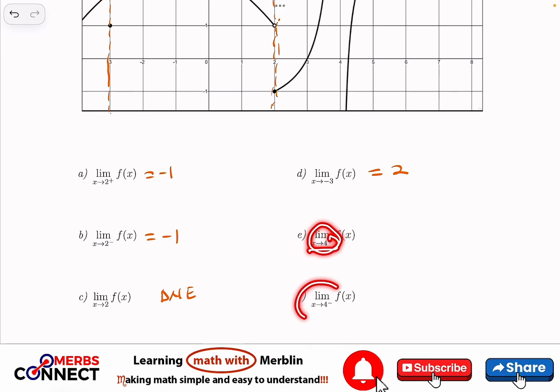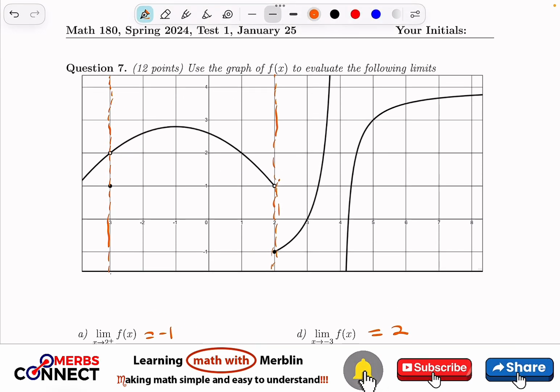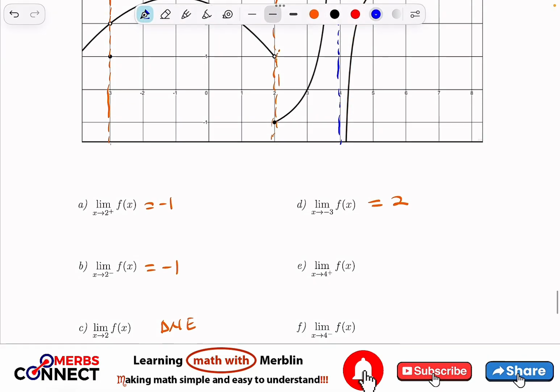Now let's look at 4 from the positive and then from the negative. So where's 4? Okay, so I can see 4 somewhere here. Good. So from the positive side, we see that the graph is approaching it from the positive side, and we are going to negative infinity. So this is equal to negative infinity.